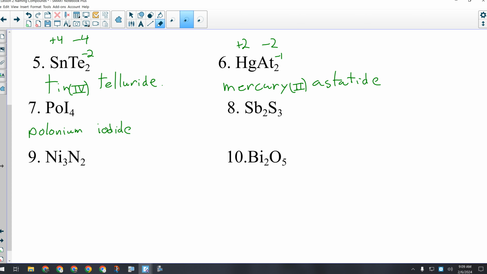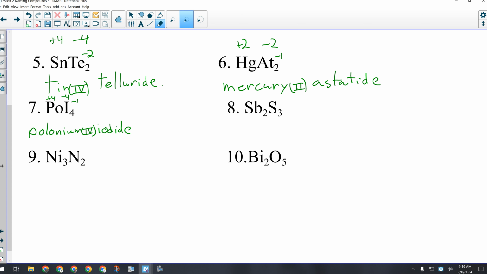All right, so looking at this one here, we got possible charges of 2 and 4. Iodine, since it's in group 17, is always a -1, which gives me a total of 4 negative charges, which means the single polonium atom there has to have a charge of 4, so this is polonium 4 iodide.